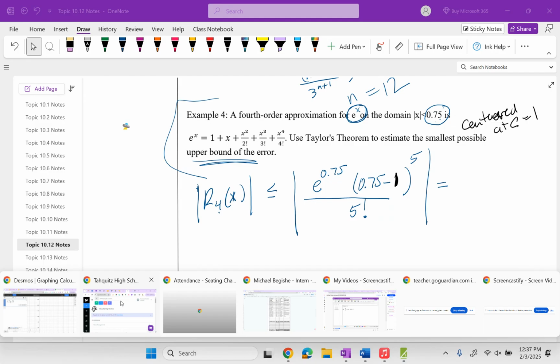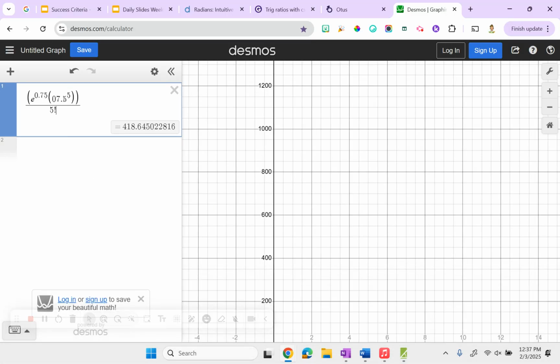Let me find the right one. This one? Okay. Oh, I know why. Look at why I got this. I didn't even type the right thing. e to the 0.75, yeah. I typed something terrible. It should have been 0.75.